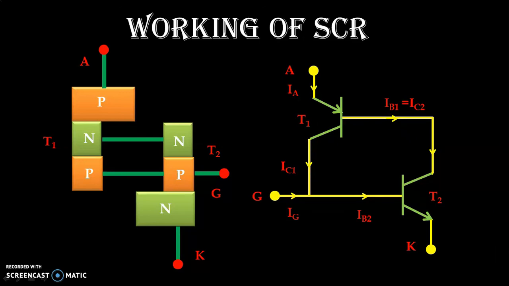This is a cumulative effect, and it goes on increasing based on the gain of the transistor T1, that is alpha, and the gain of the transistor T2, that is beta. At a certain stage, even if we remove the gate current, the flow of current from anode to cathode is sustained. So with the help of this two transistor analogy, we can understand the operation of the SCR.